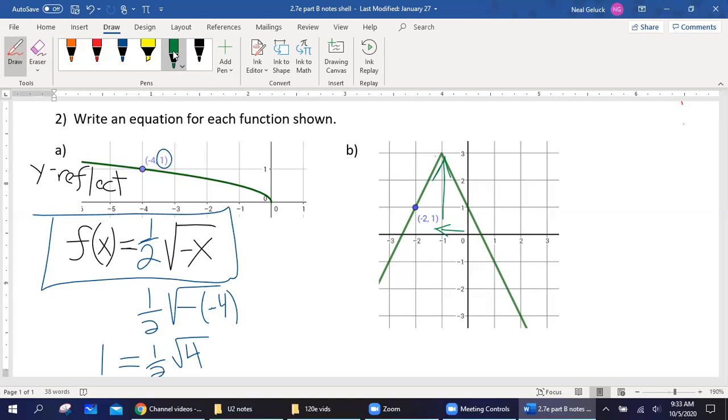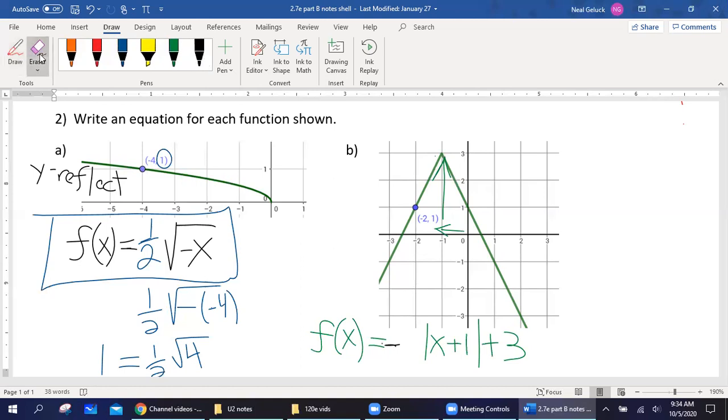Well, with absolute value, or any function, sorry, left 1 would be x plus 1. Up 3 would be a plus 3. I know it's facing the opposite direction. It's flipped down, so there's going to be a negative out in front.